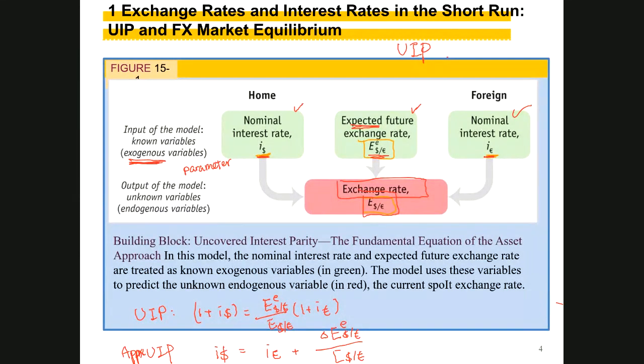Okay, so the parameter is the same, right? Here, the domestic rate of return, foreign rate of return, and then the expected future rate, right? So if you know those three, you should be able to find out the exchange rate, the spot exchange rate.